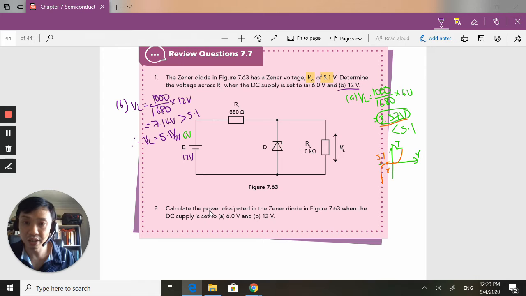To calculate the power dissipated, remember the power formula is IV.